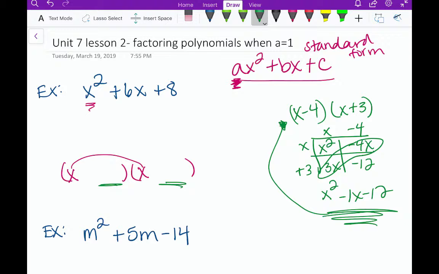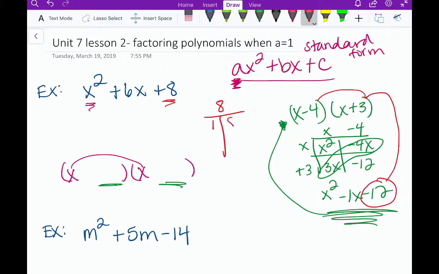Okay, well think about how did we get this negative 12? The negative 12 came from multiplying 3 times negative 4. So my term here is positive 8. So I need to think about how could I multiply 2 numbers to get 8. So I'm going to just make a table here. I'm going to put 8 at the top, and let me just write out all the options.